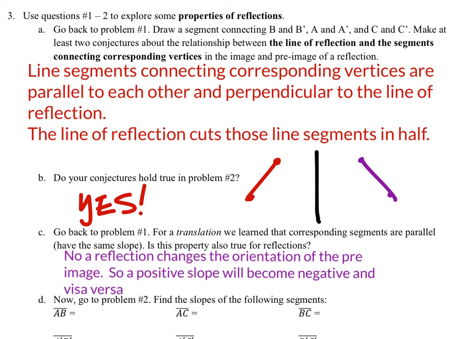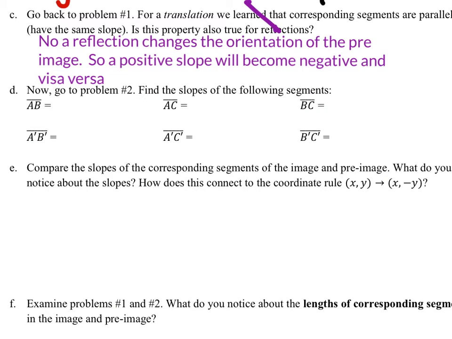Now this would be the same thing for a horizontal reflection as well. If that was our red line right there, the purple line would be perhaps reflected, and again it becomes a negative slope. So part D here, we're just going to confirm that. Going back to problem number 2, which was the reflection over the x-axis, go and take a moment and find the slopes of all 6 of these, and then we'll show you what they are here in a minute.